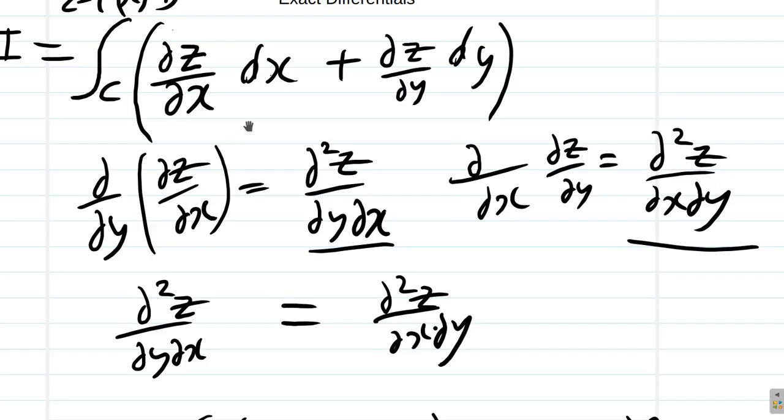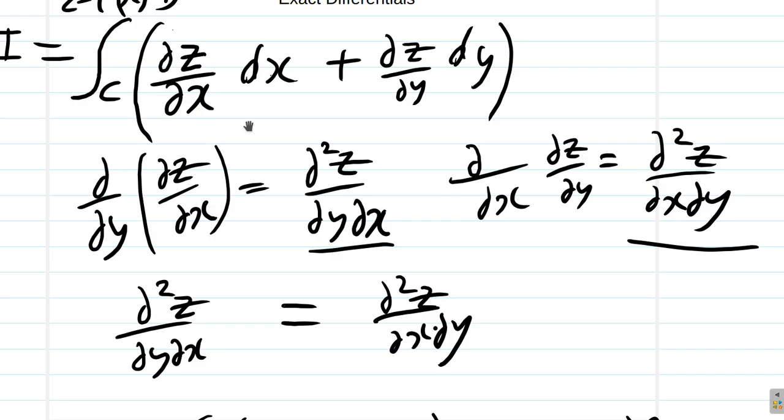What you're doing, you're integrating p, or you're integrating delta z by delta x with respect to x, and delta z by delta y with respect to y.